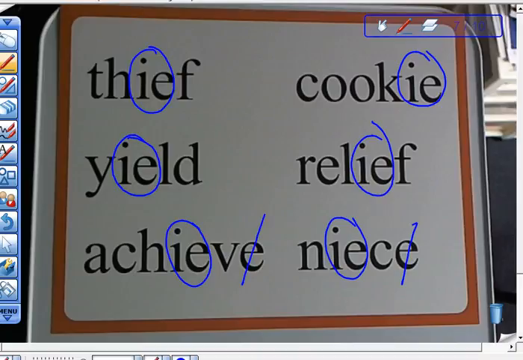Okay, the next one, the opposite of bottom. And the last one, the opposite of stand. Now, please put the book down and begin.